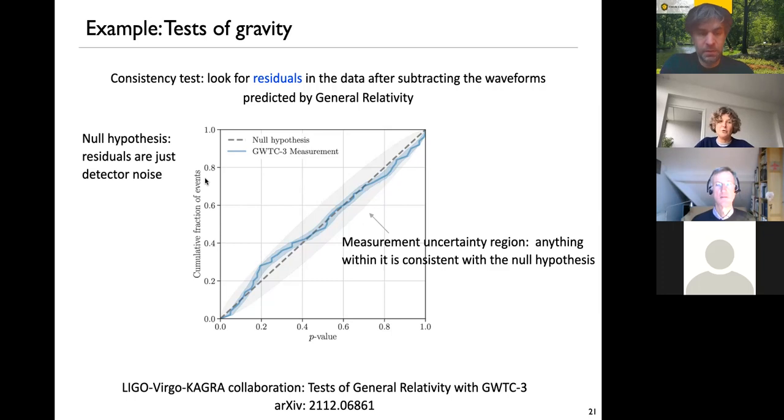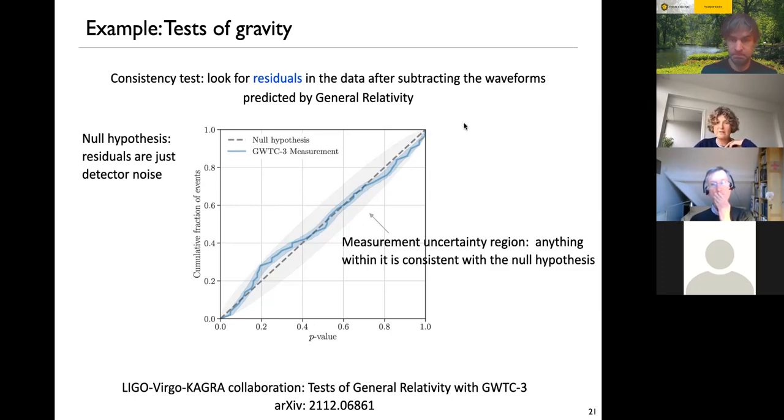You do not need to know exactly what the axes represent. The important point is that if the residual is just detector noise, it corresponds to this 45-degree line indicated as the dashed line.